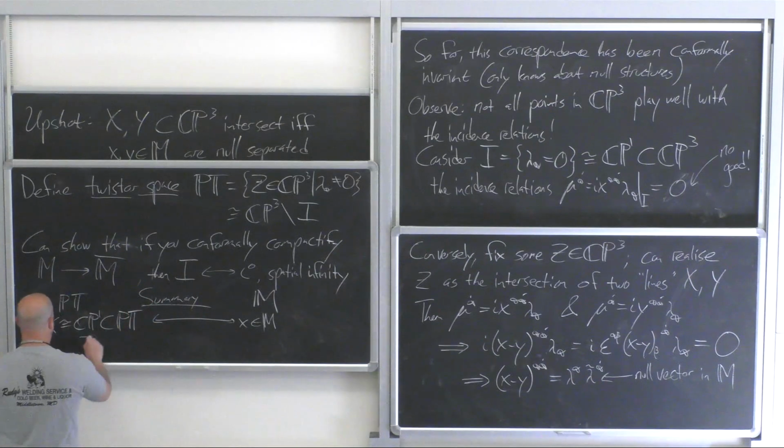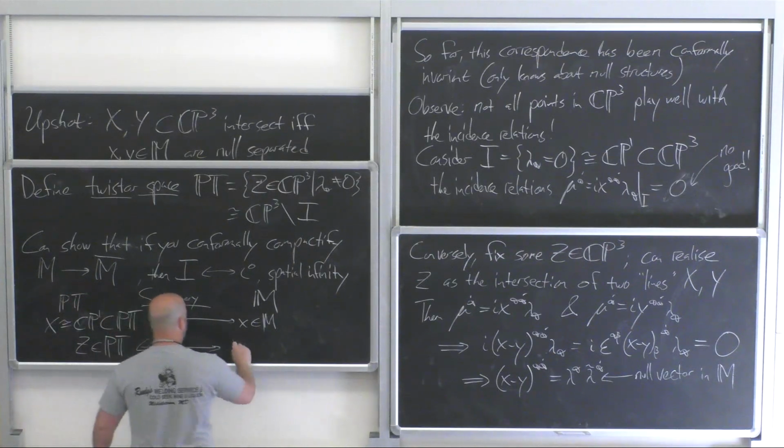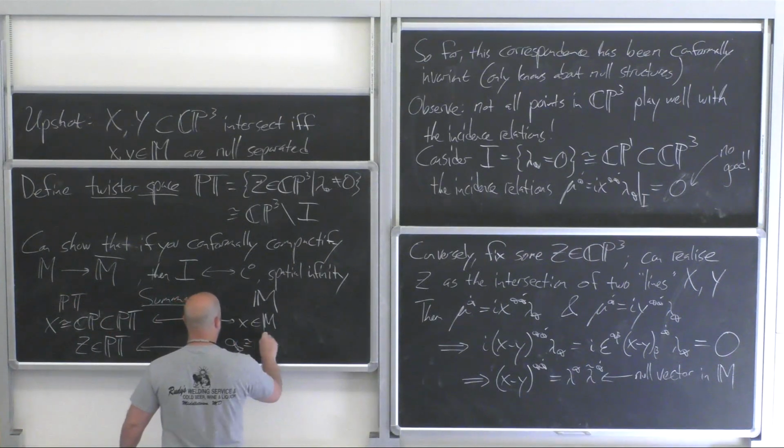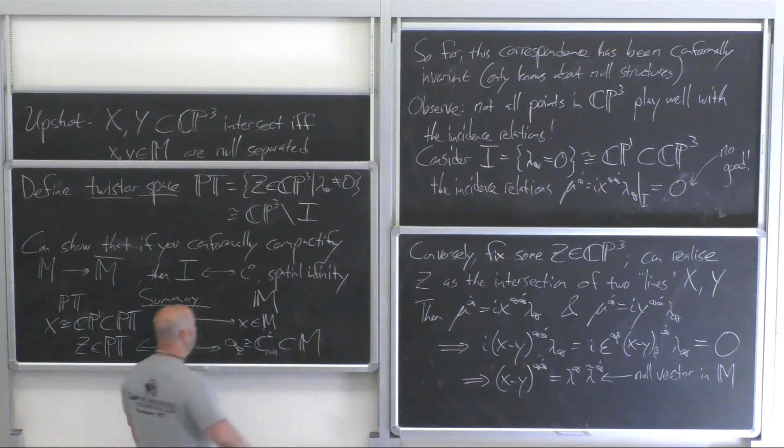And if I take a point Z in PT, then this is going to give me one of these totally null two-planes alpha sub Z inside of complexified Minkowski space.